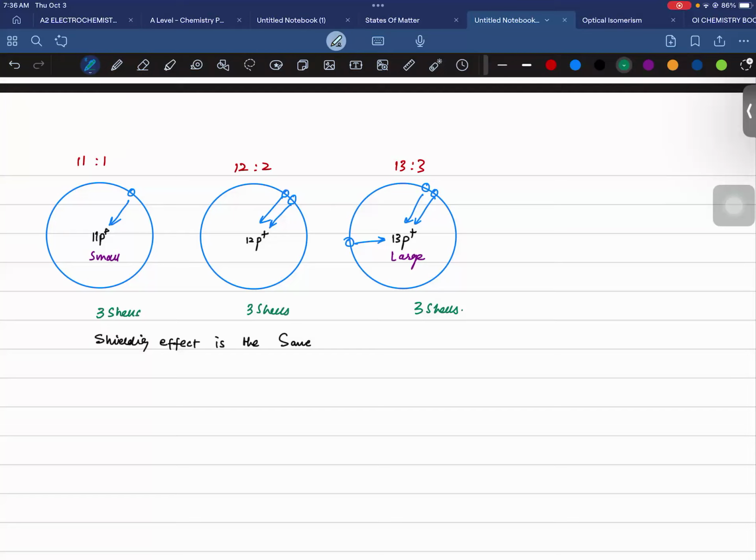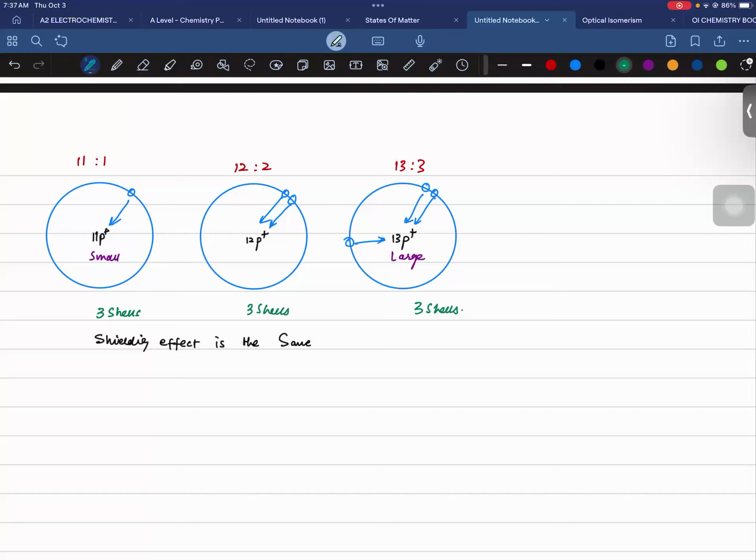But the problem is across the period, because the number of shells is not going to change. So then you have to think in a different manner. When the number of shells is the same, you go over to the outer electrons. Outer electrons would be increasing, so the attraction between the nucleus and the outer electron would be increasing. Due to this, the size is going to decrease.